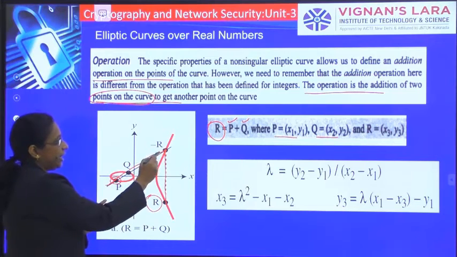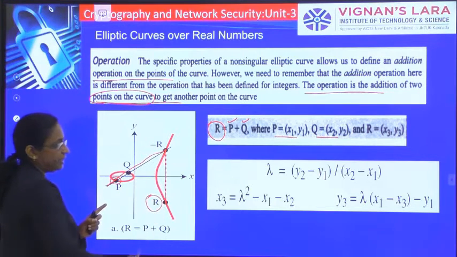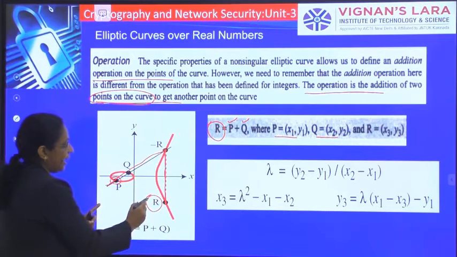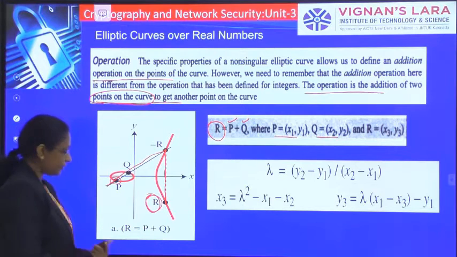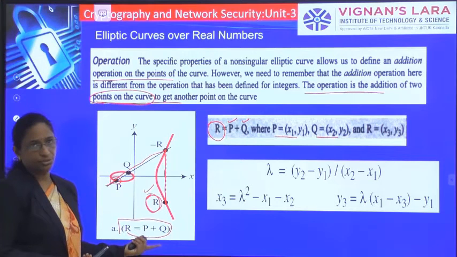Wherever it is intersecting, from there you take a reflection, and this R will be your P plus Q value.